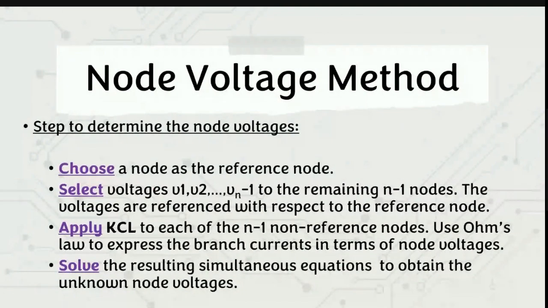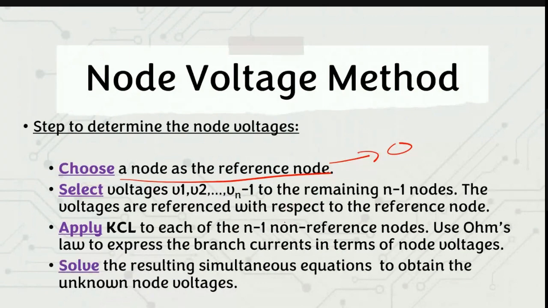So these are the steps for how you determine your node voltages. First, we choose a node as the reference node, which is actually the ground, the chassis ground, the common ground, which is 0. Then we select our voltages as V1, V2.